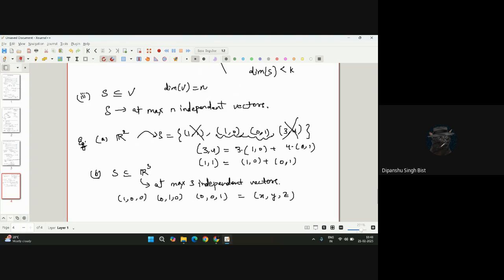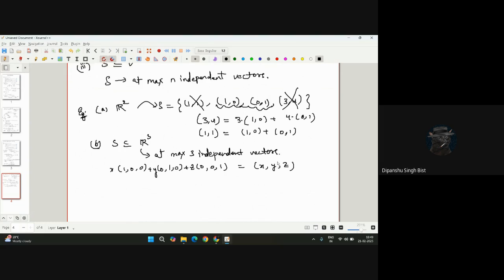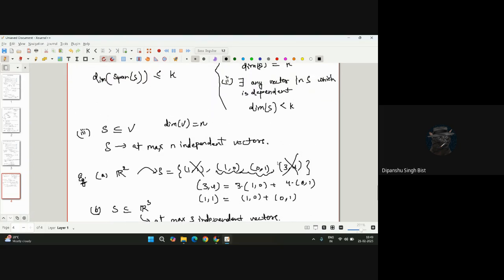How? I can just write it as some x times 1, 0, 0, and some y times 0, 1, 0, and some z times 0, 0, 1. So if I have these three independent vectors, all the other vectors can be written as the linear combination of these three. So I cannot have more independent vectors in R3. Okay. So this option is correct.